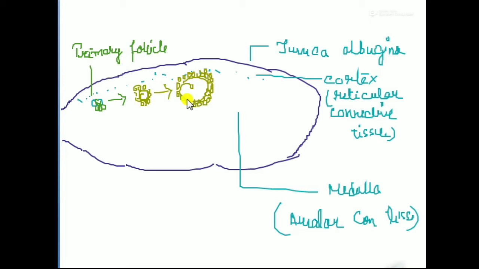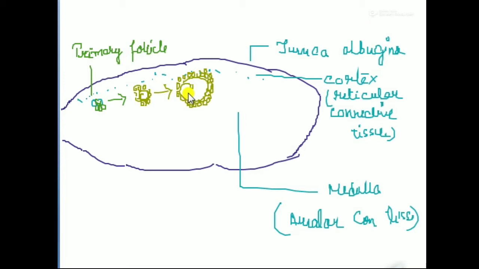The bigger one becomes the Graafian follicle. The structure of a Graafian follicle looks totally different. This is the oocyte that is present. When we focus only on the Graafian follicle, you can understand it better.